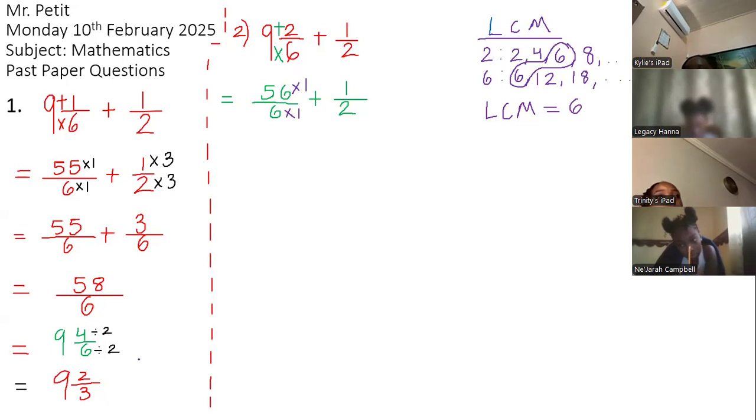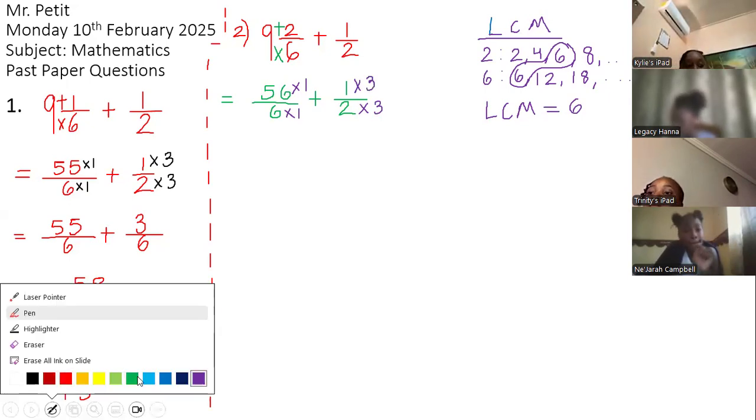All right, so the next thing we have, what times 2 gives us 6? 3. Very good. So I multiply this by 3. Whatever I do to the bottom, I must do to the top as well. Very good.